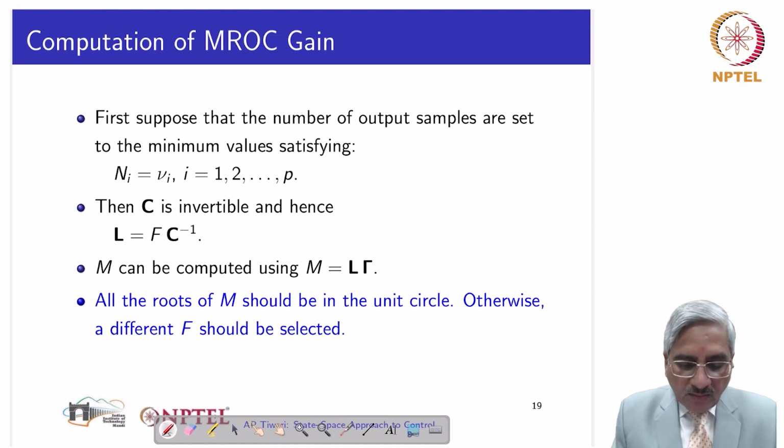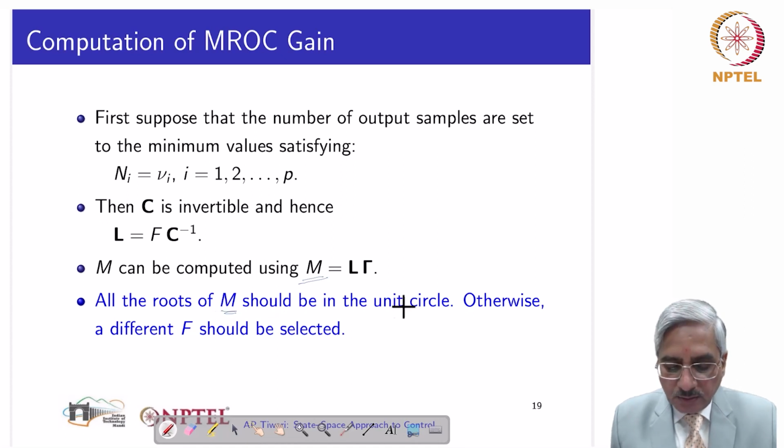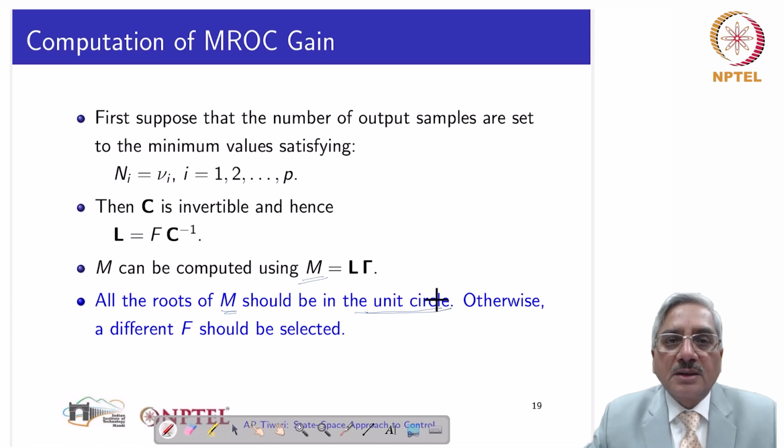Now, after calculating M, we need to perform a check on M. We have to see its eigenvalues, and they should be within the unit circle in the Z plane. That is the necessary condition for stability. This result comes from the digital control subject.